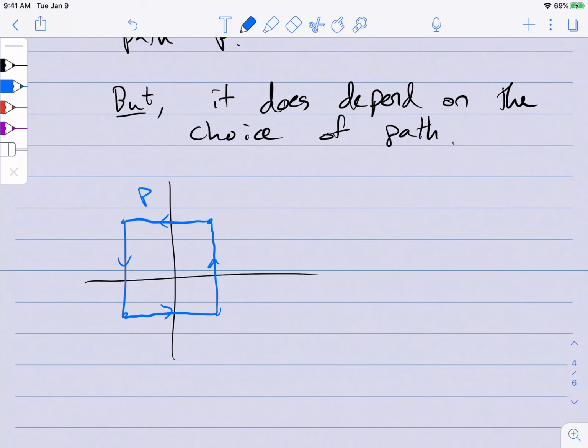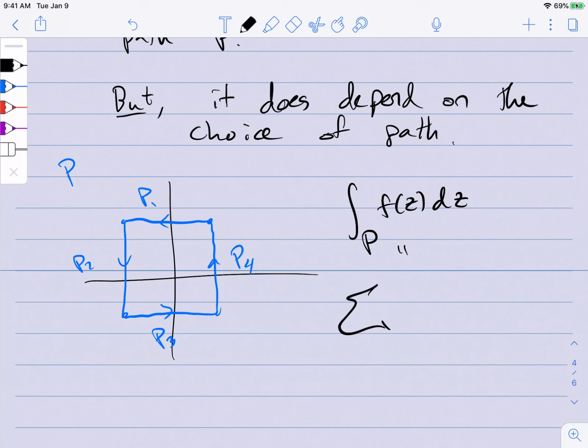So if this is P1, P2, P3, P4, and the whole thing is P, then if I want to integrate some function over the entire square, I can do this by integrating over each piece individually.